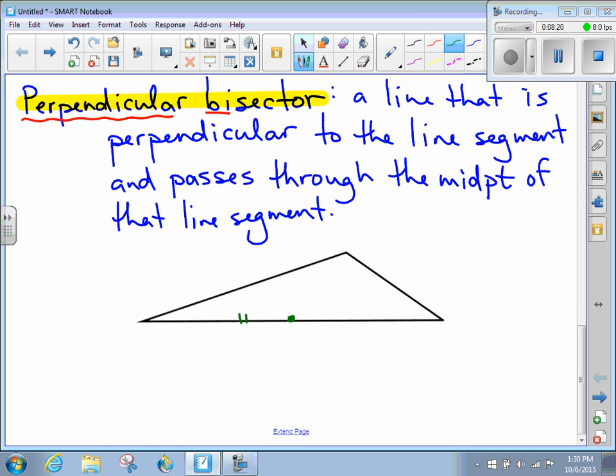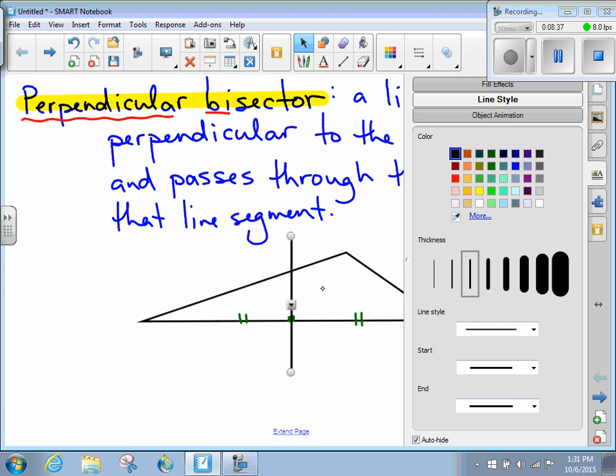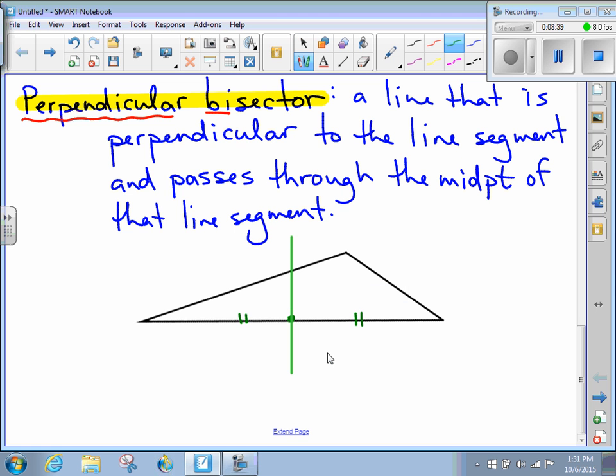So it's going to bisect, and it's going to hit it at 90 degrees. So that means that if it's hitting it at 90 degrees, it's coming straight up and straight down, like that. Now I'm going to make this green. It hits at 90 degrees. And notice it doesn't necessarily come from one of the vertices. This is our perpendicular bisector.